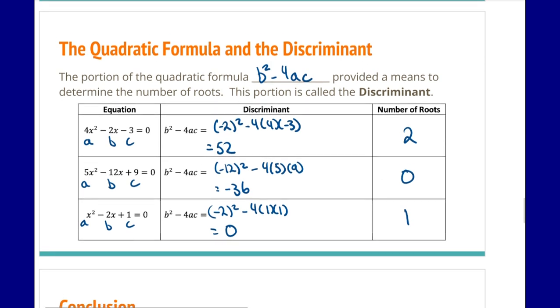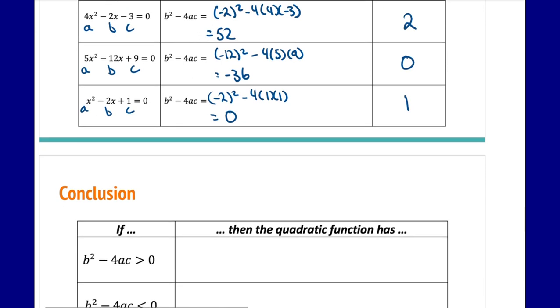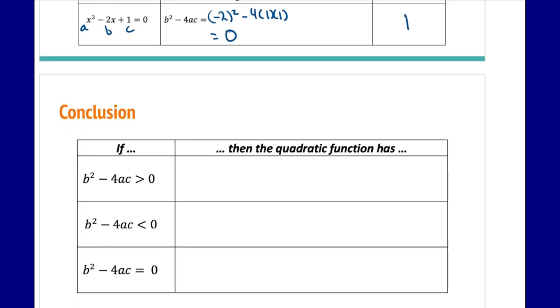Well, in this case, if the discriminant is greater than 0, so what we mean by that is a positive number, then we have 2 zeros, or 2 roots, or 2 x-intercepts. All means the same thing.